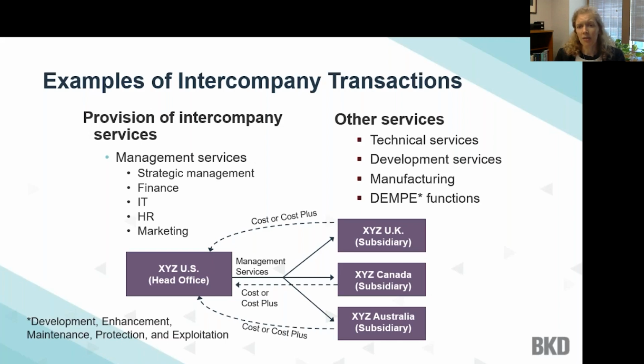It's those 5 types of services, DEMPI services or DEMPI functions, that as of now, and again, things could change in the future because tax laws are always being rewritten, are really what are the profit drivers according to the tax authorities. Like that's what the high value stuff is.